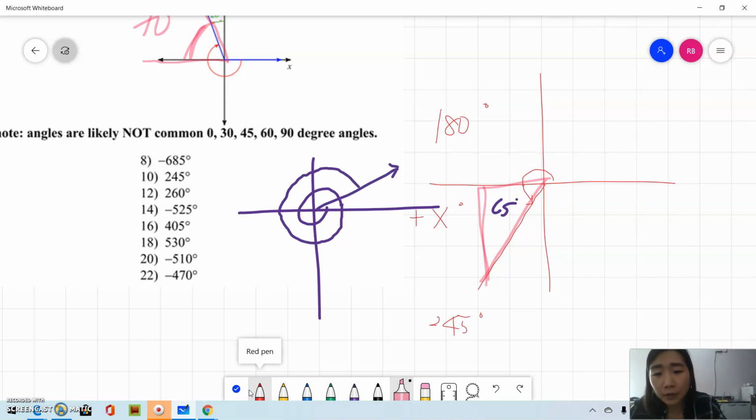So it's my first quadrant angle. So basically, how much is it missing from becoming 2 full circles? And 2 full circles will be 360 times 2. So if you do 720 minus 685, you will get your reference angle, which is 35 degrees. So the reference angle for number 8 is 35 degrees.